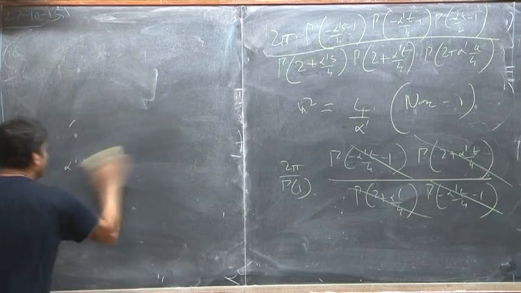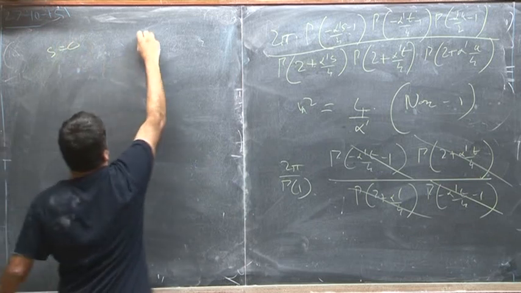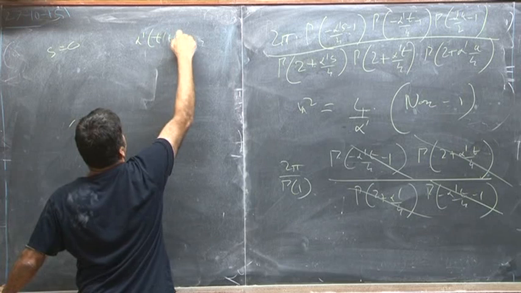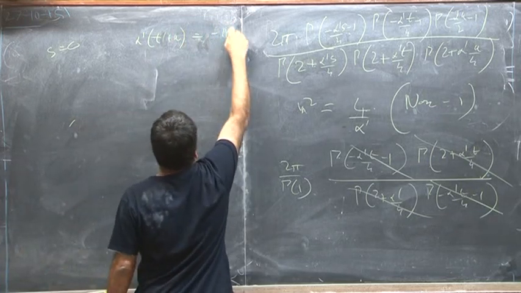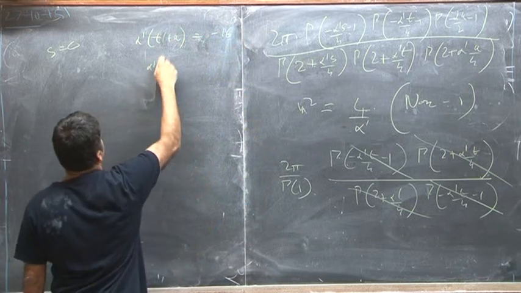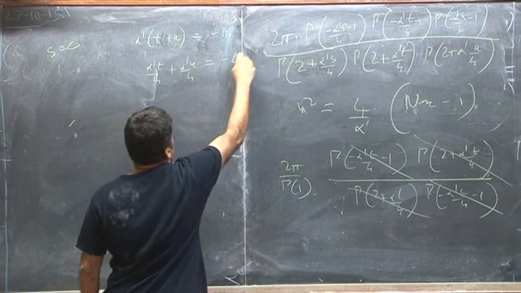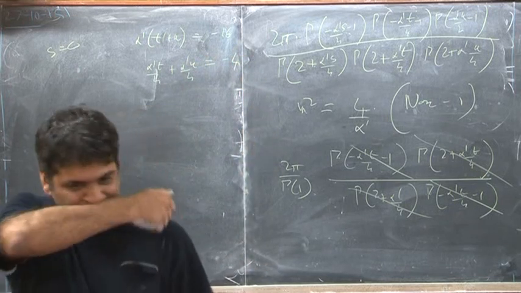Okay. Now let's take S equal to 0. Therefore, we have alpha prime t plus u equal to minus 16. So alpha prime t by 4 plus alpha prime u by 4 is equal to minus 4.